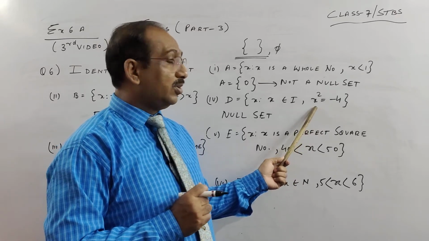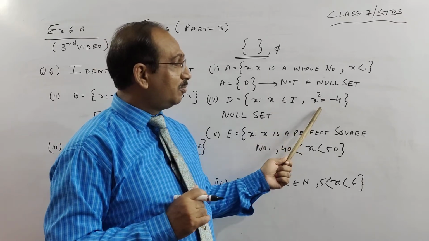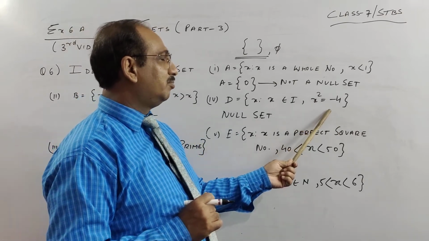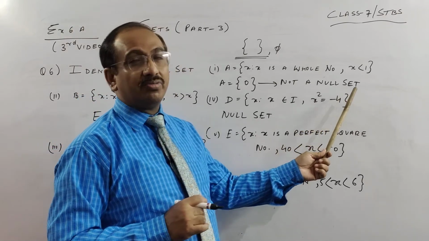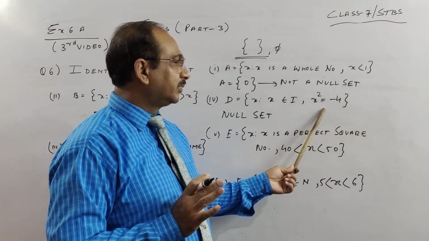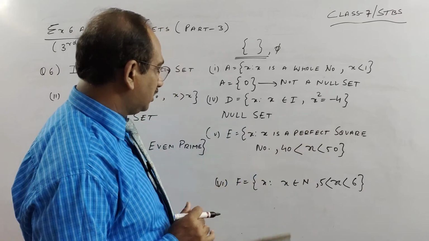If you want to solve this, that is 4 years from now, you will see a concept called imaginary or complex numbers, because you will get the square root of a negative number. So it's a higher concept, but remember, in integers and in the real number set, there is no number whose square is minus 4. So it is a null set.